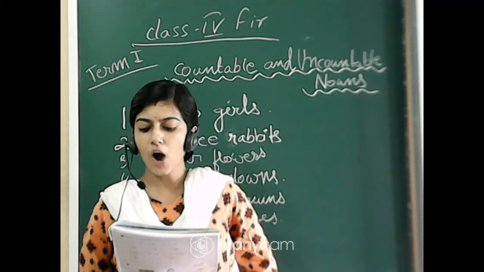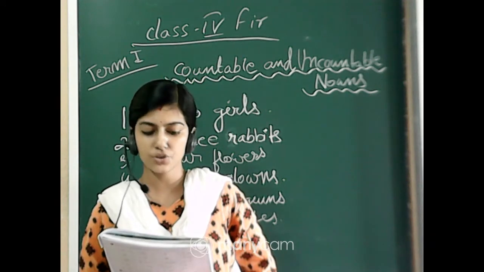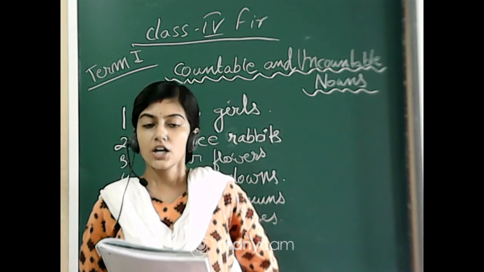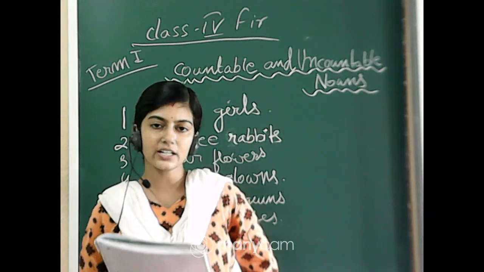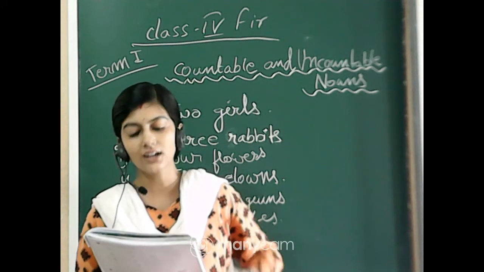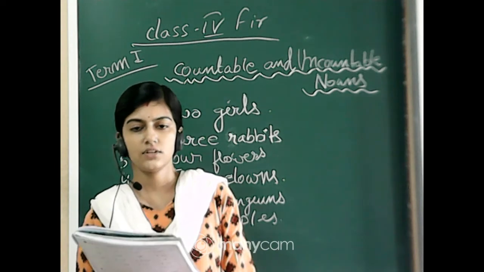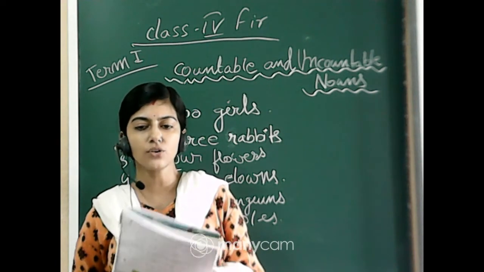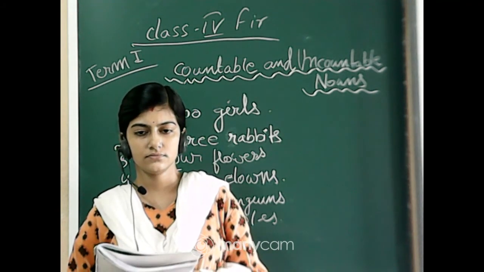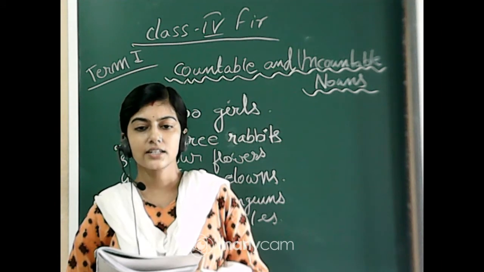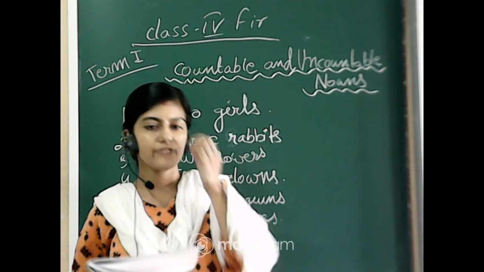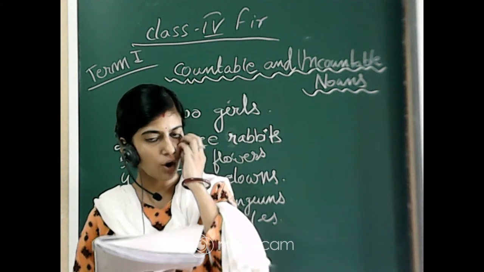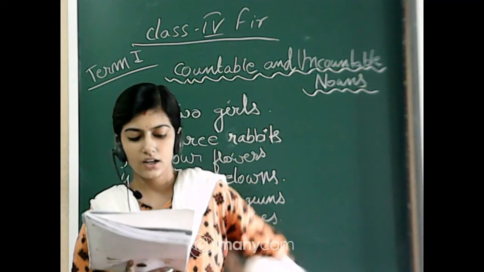We can count flowers and apples also. So girls, clowns, rabbits, penguins, flowers and apples are countable nouns. Why are they countable nouns? Because we can count them. So we can call them countable nouns or count nouns, okay?